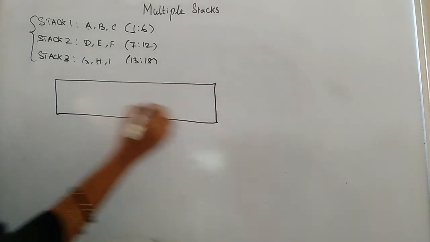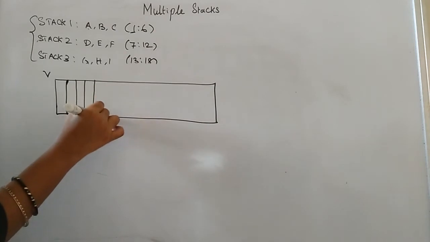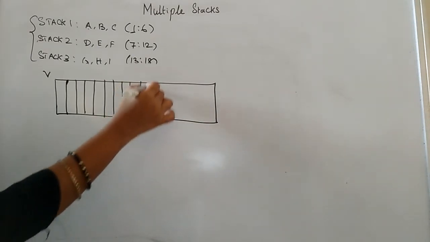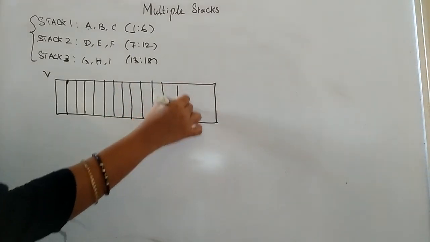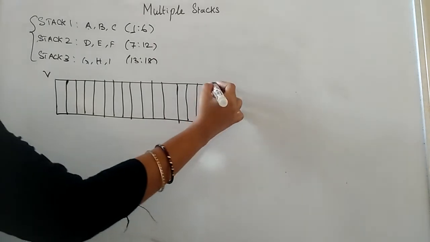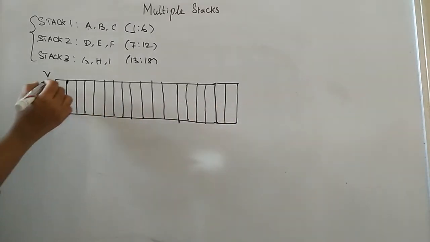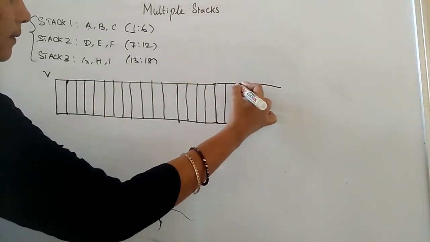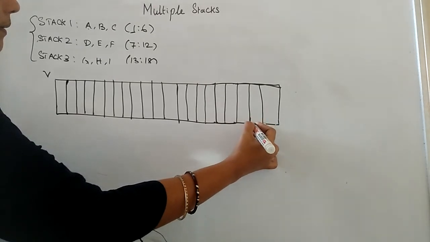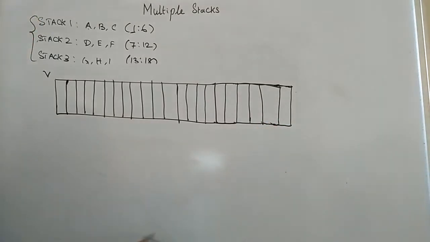Consider the array B: 1, 2, 3, 4, 5, 6, 7, 8, 9, 10, 11, 12, 13, 14, 15, 16, 17, 18, 19, 20 and then we may have 21 here.